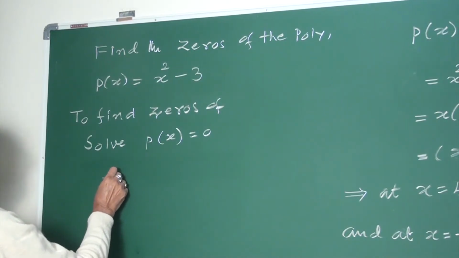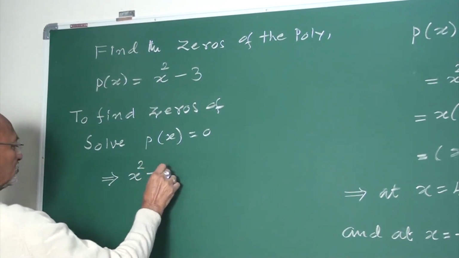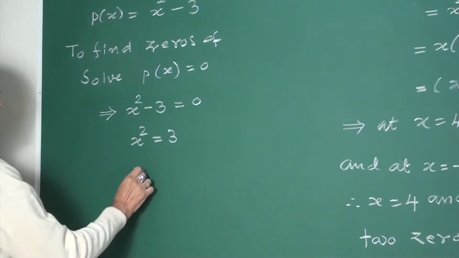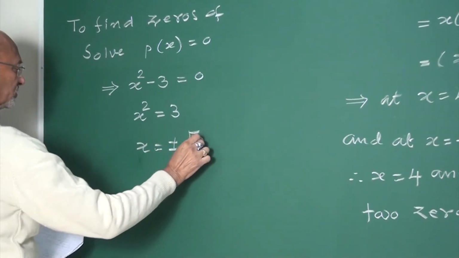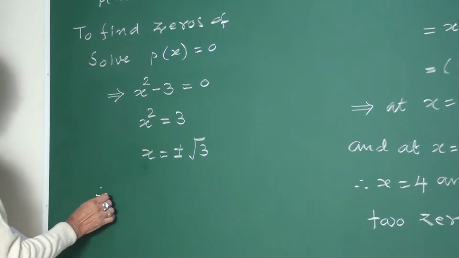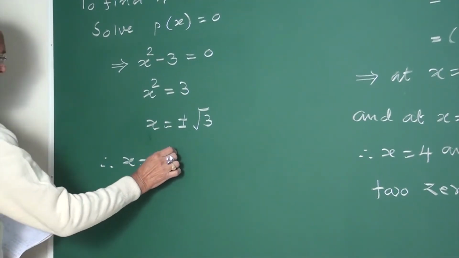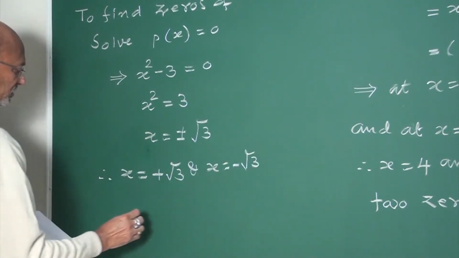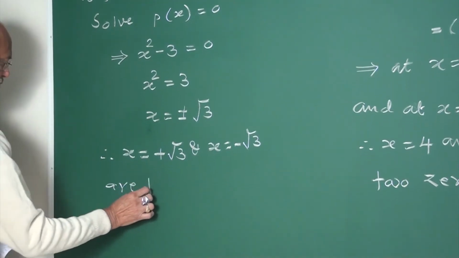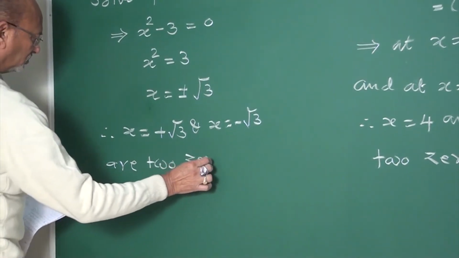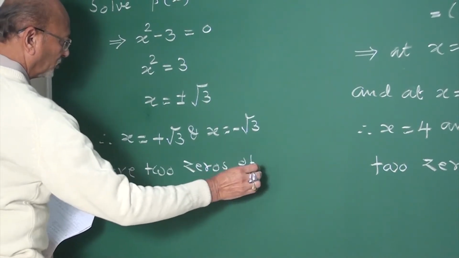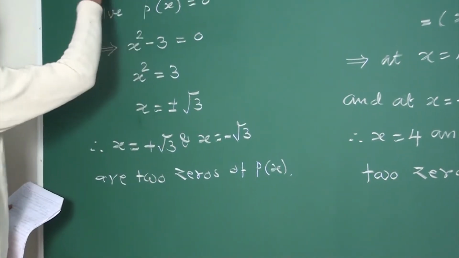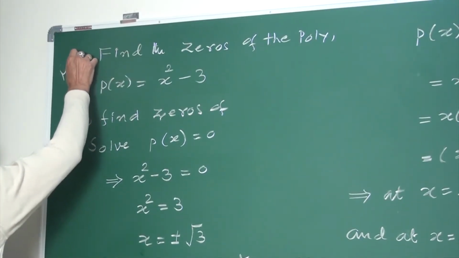That is x square minus 3 equal to 0. You know the method: x square equals 3, so x equals plus minus root 3. Therefore, x equal to plus root 3 and x equal to minus root 3 are the two zeros of the given polynomial p(x). This is given in the model question paper as a 2-mark question.